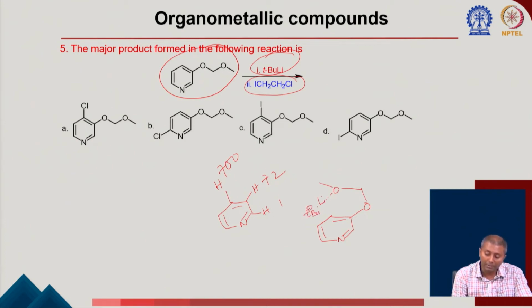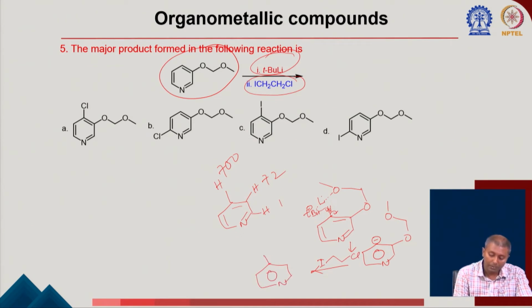So that the tert-butyl minus can take this proton, generate a corresponding carbanion, okay, and then once you treat with this corresponding ICH2CH2Cl, it will take the corresponding iodine, and it can iodinate in this position.